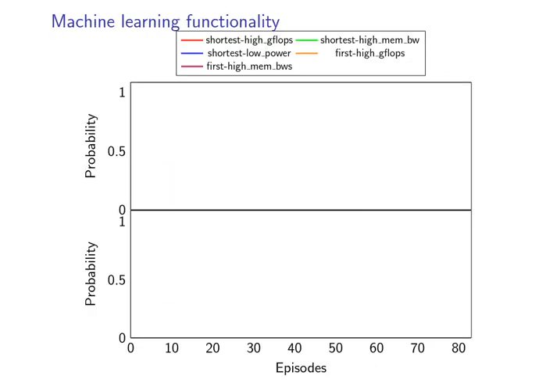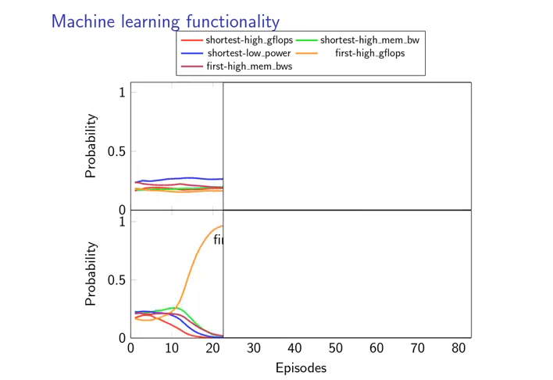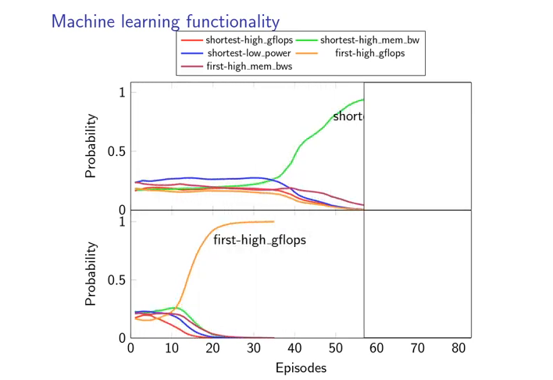To evaluate the machine learning functionality, the following experiment was made. In order to optimize the energy consumption of a cluster, 5 policy pairs were selected, which were given to the baseline and IRMA simulators. These graphs show the evolution of the probability of selecting each pair as the training process advances. At the beginning, all policy pairs have the same probability.